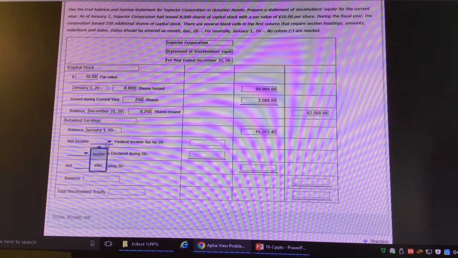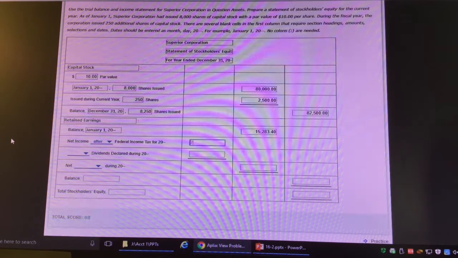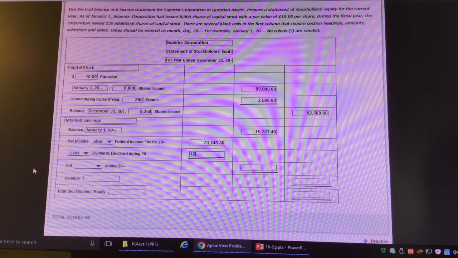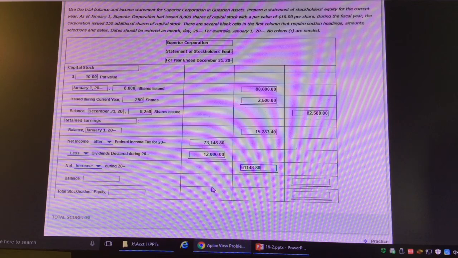Now this is our net income after federal taxes, which comes from our ledger, $73,148.80. We're going to subtract the dividends. The dividends that were declared were $12,000. And this gives us a net increase. With these two values, I subtract, and I get $61,148.80.